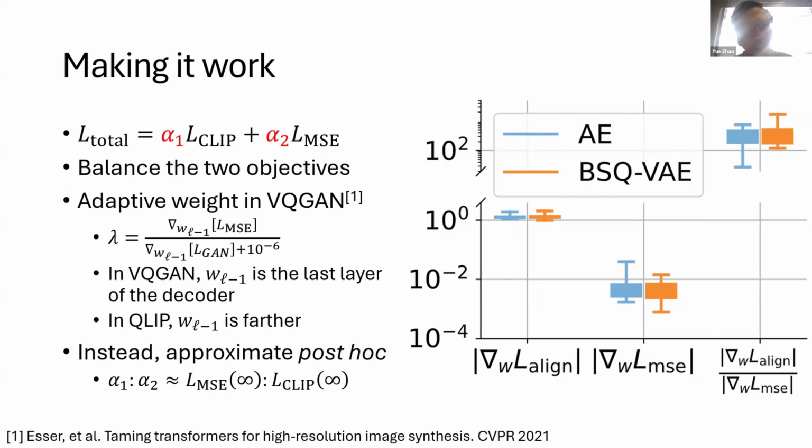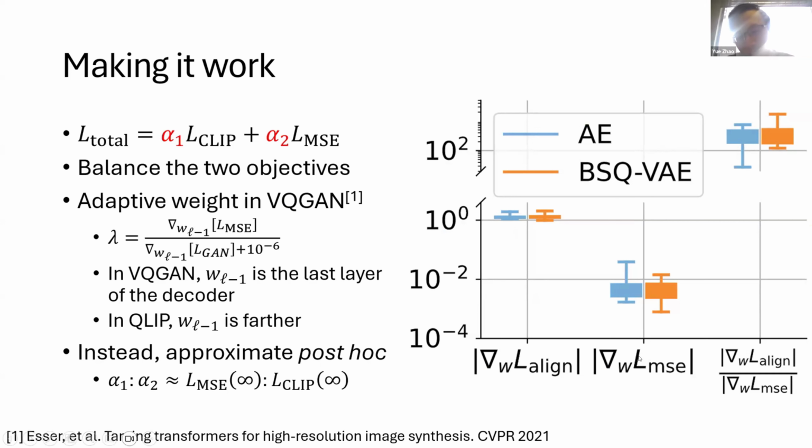And once we figure out this two-stage training pipeline, there's another issue, which is how to balance the loss between the contrastive pre-training loss and the MSE loss. There's some previous work that handles this, because if we have a histogram of the gradients from the two losses, we see a very huge difference.